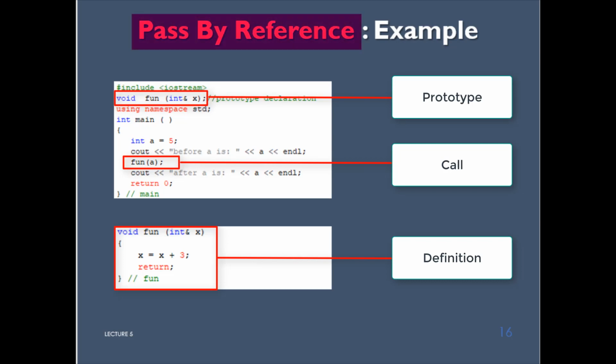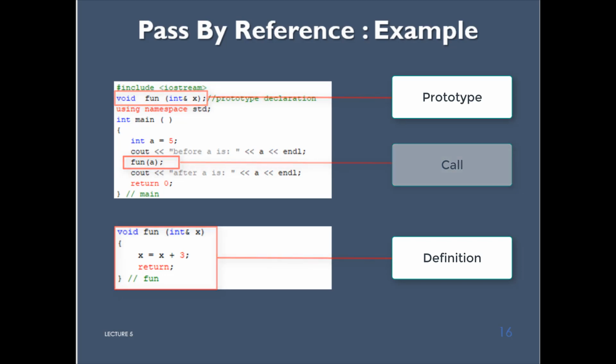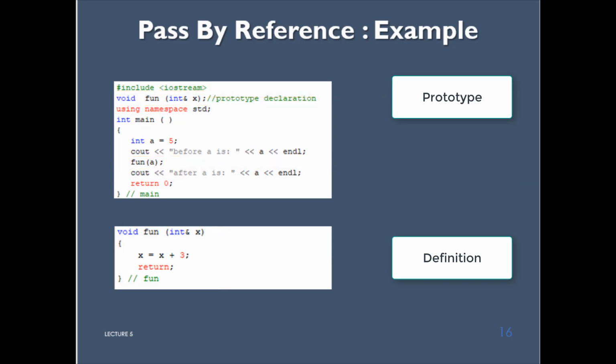You know the program uses pass by reference because when you look at the function prototype and also the function header of our function definition, the formal parameter now has the ampersand operator after the data type and before the name of the variable. So here we have int ampersand x. The same goes for the function prototype, int ampersand x.